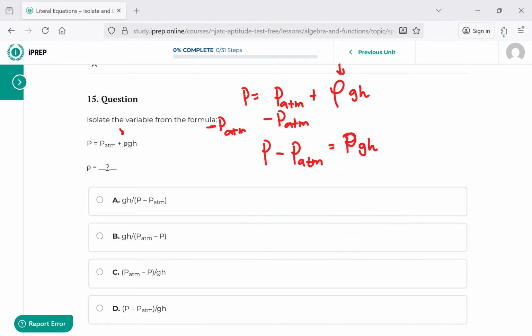Then what I would do is get rid of this G and this H by dividing both sides by GH. So this cancels. So you're left with sigma. So which one will that be? That would be this one, the D, right? P minus P ATM all over GH.